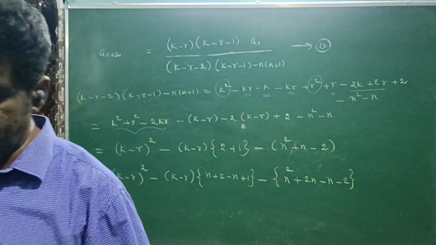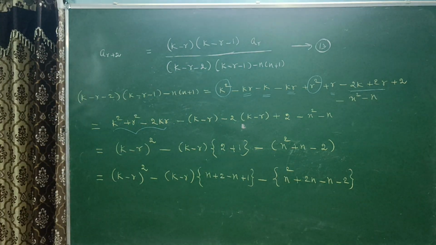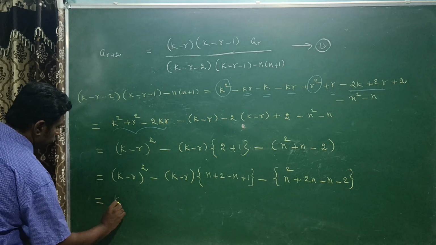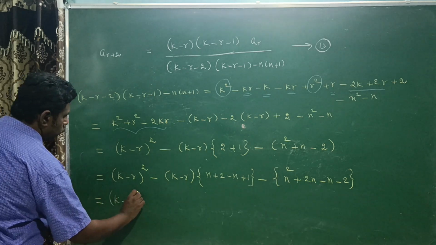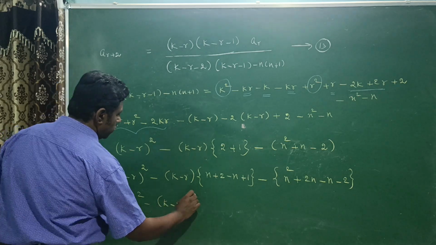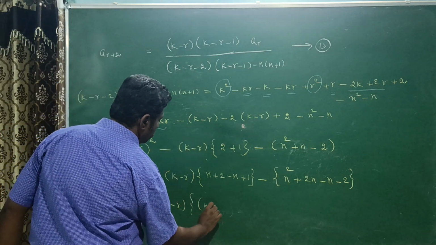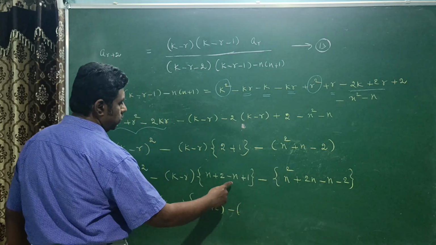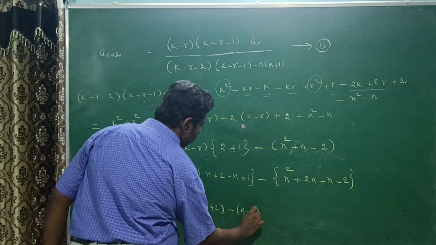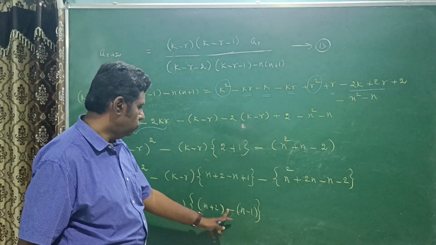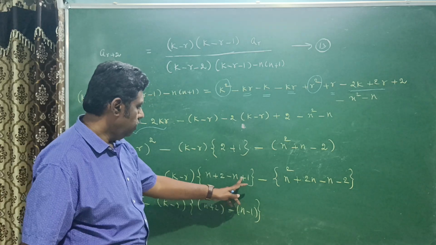Now you have to align the terms. This is equal to (k minus r) whole square minus (k minus r)(n plus 2), take this minus n commonly outside, (n minus 1). See here, n plus 2, take out this minus sign outside as a common term, n minus 1.